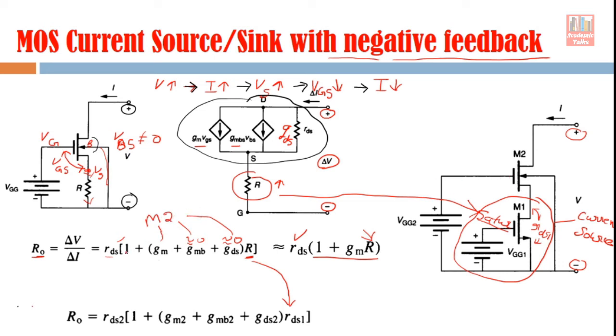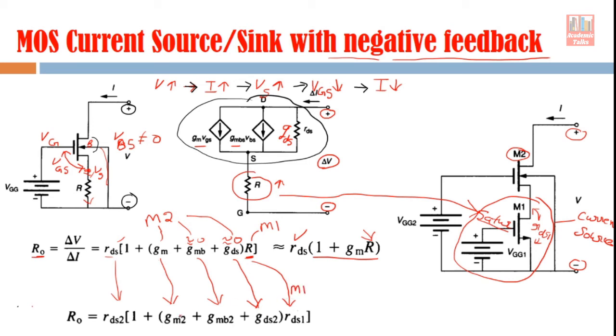That's why you see this subscript has been modified. This RDS is your RDS2, your GM is GM2, your GMB is GMB2, GDS is GDS2. All these parameters belong to the M2 device, right. And this R is coming from the M1 device, and this is your RDS1, right. So it belongs to the M1 device.